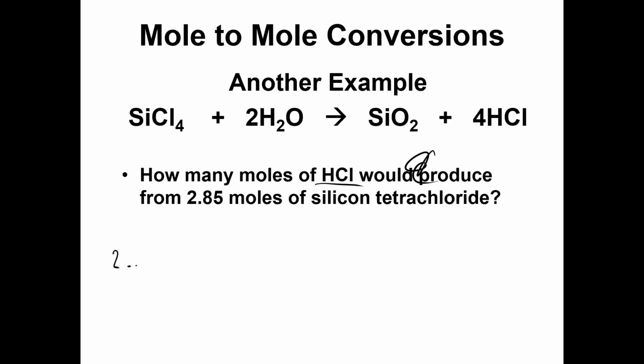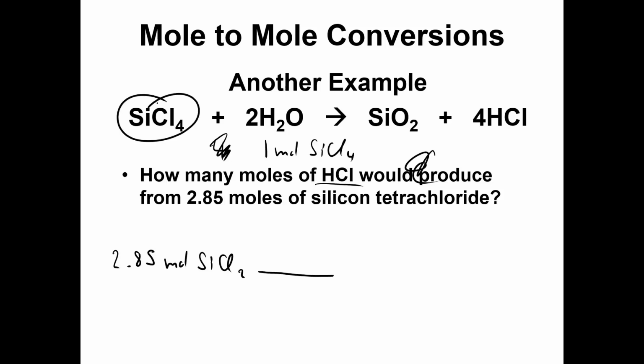So 2.85 moles of SiCl4, and so I have 1 mole of SiCl4 is equal to 4 moles of HCl. That's the conversion factor. Moles of SiCl4 to moles of HCl.